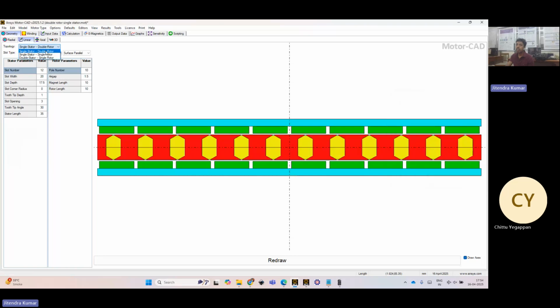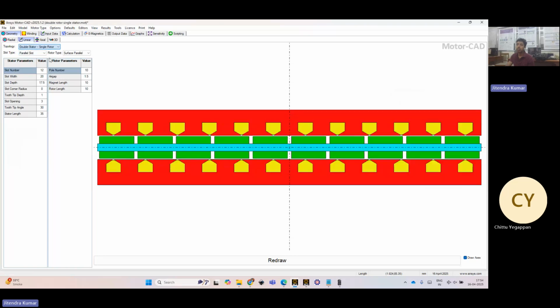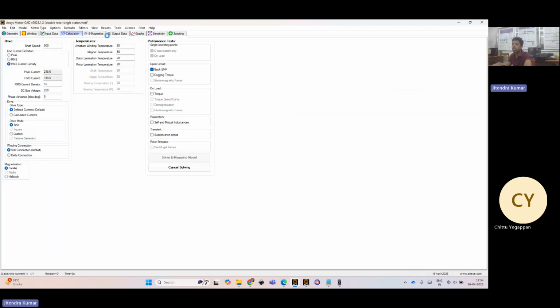So now let us see. But I guess here back EMF could be higher because we have two stators, so you could incorporate more windings. That is one plus point here. Let us see the flux density plot of this model as well.